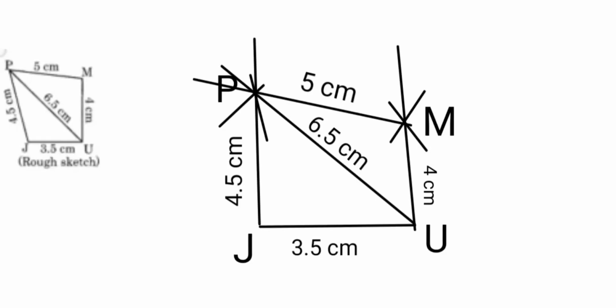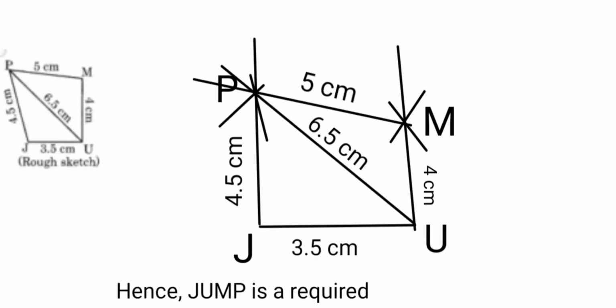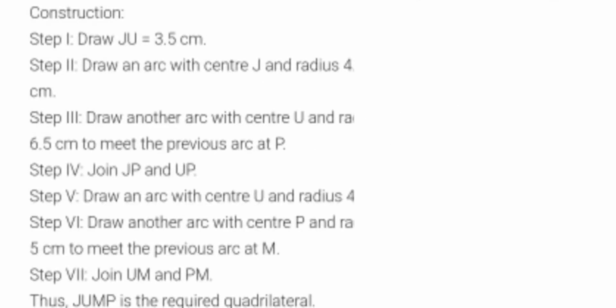Hence, JUMP is a required quadrilateral. Here are the steps of construction.